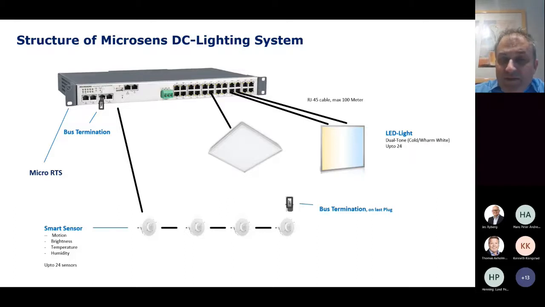The device is also able to run the automation platform we talked about before for the micro switches. This means that by connecting smart sensors in a daisy chain mode, like you can see here, you can connect up to 24 sensors and 24 luminaires, and the information you get from the sensors is directly sent to the automation platform inside this device.